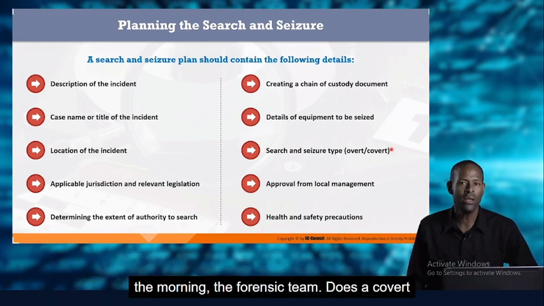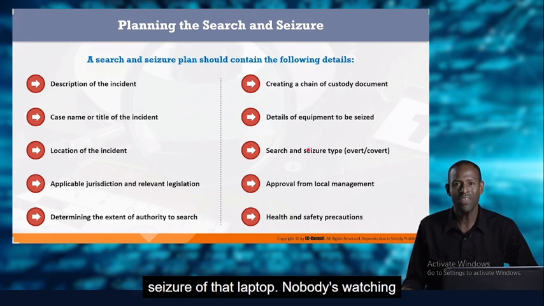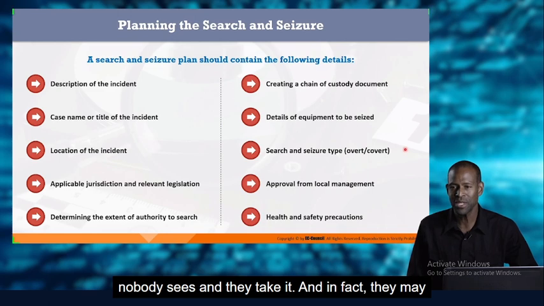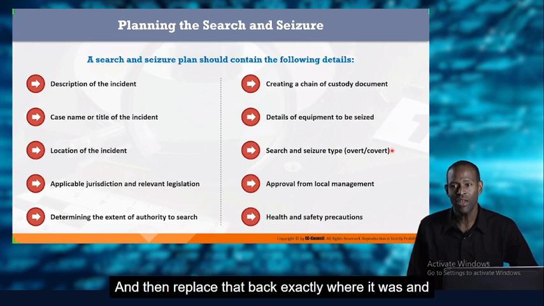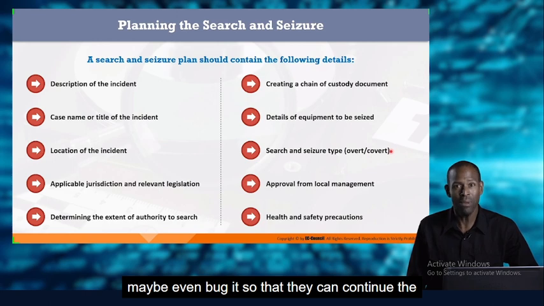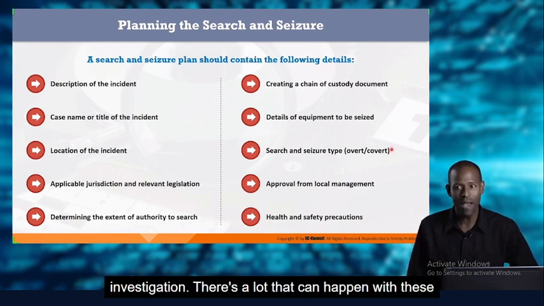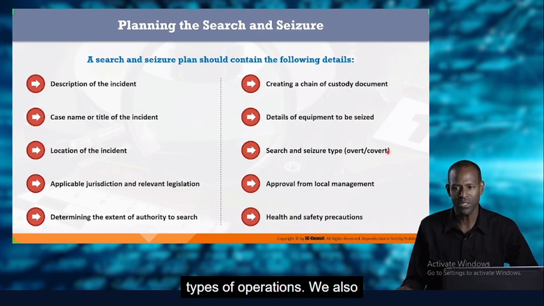So at 2 a.m., the forensic team does a covert seizure of that laptop. Nobody's watching, nobody sees, and they take it. And in fact, they may even be able to dupe the drive, grab the memory, etc., and then replace it back exactly where it was, and maybe even bug it so that they can continue the investigation. There's a lot that can happen with these types of operations.